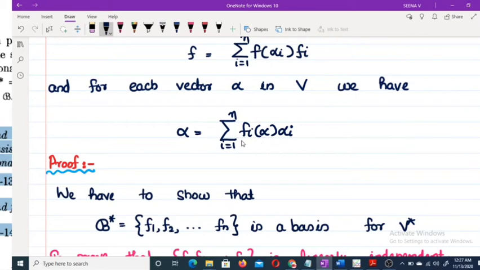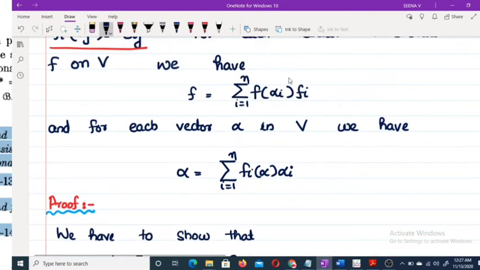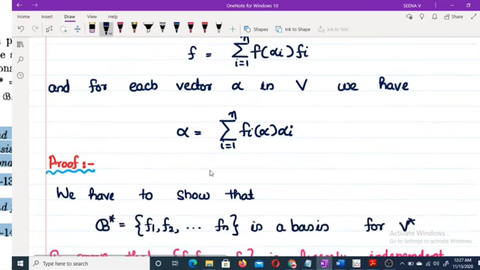Therefore alpha equals the sum from i equal to 1 to n of fi of alpha into alpha i. These two definitions are very important. If the fi's are the dual basis, then f equals the sum of f of alpha i into fi, and alpha equals the sum of fi of alpha into alpha i.